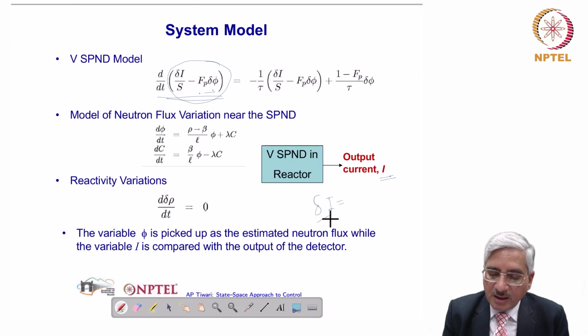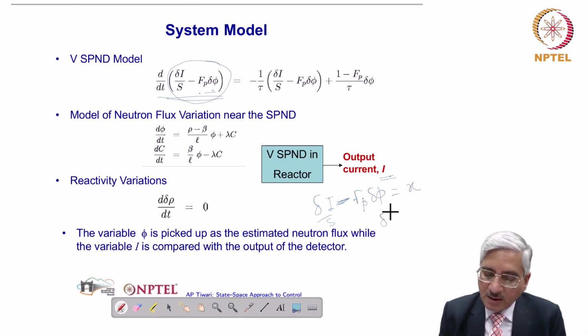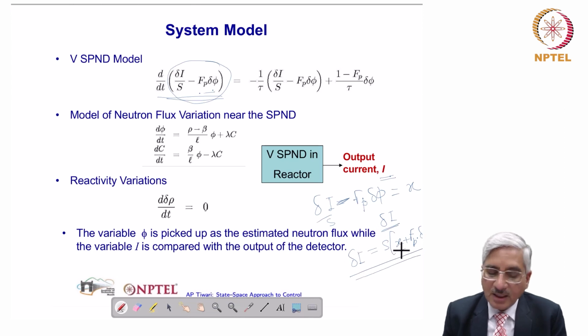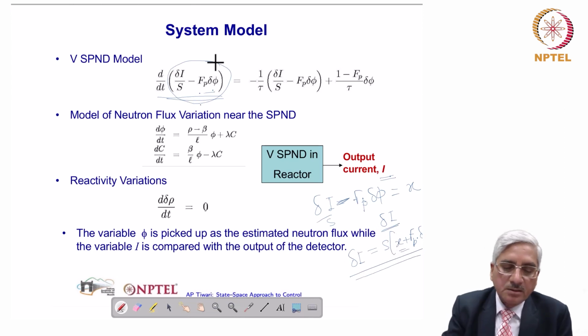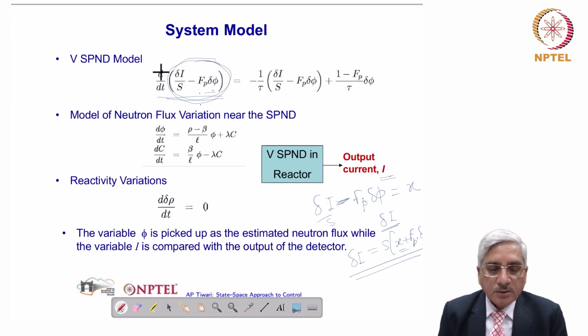So delta I by S minus Fp into delta phi is one state variable. Let me denote it X. And so delta I is S times X plus Fp into delta phi. So the vanadium SPND current delta I is given by this expression, and this X is one of the states in the system. So this is the vanadium SPND model.